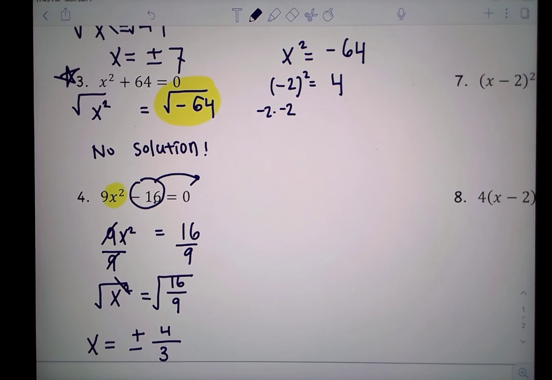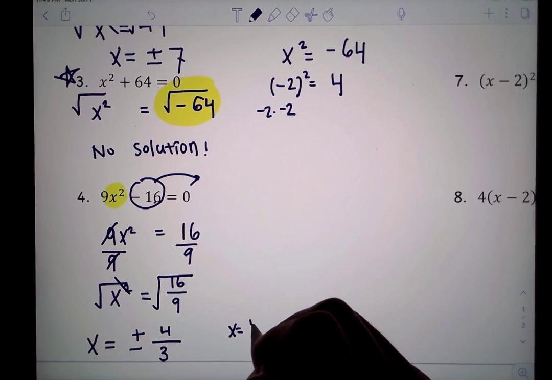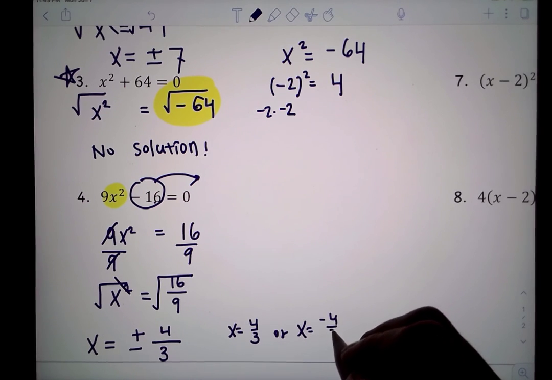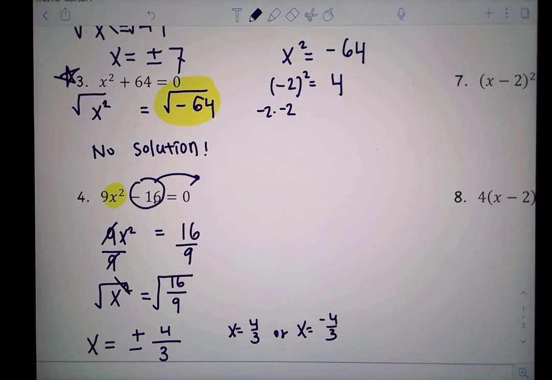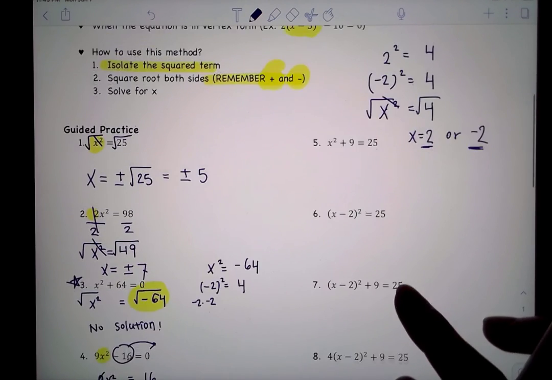So x equals positive, negative 4 over 3. You can write it like that, all right? Or if you want, you can break it up: x equals 4 over 3 or x equals negative 4 over 3. You can also write it like that. But this one means positive negative 4 over 3.